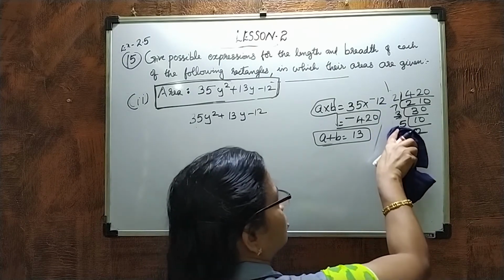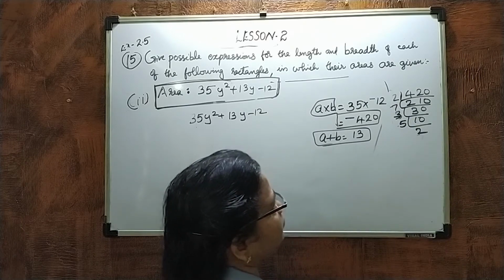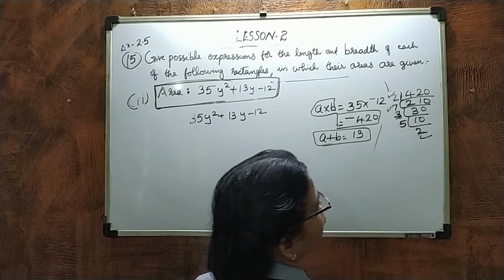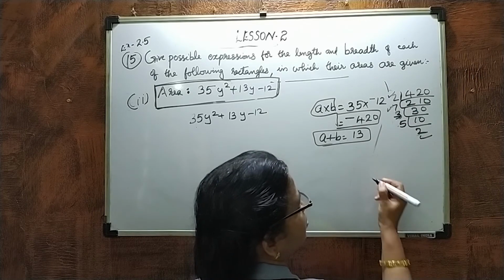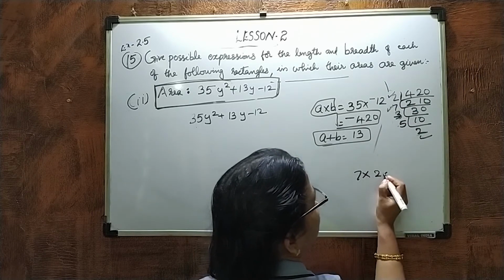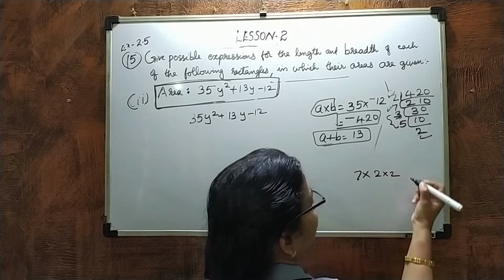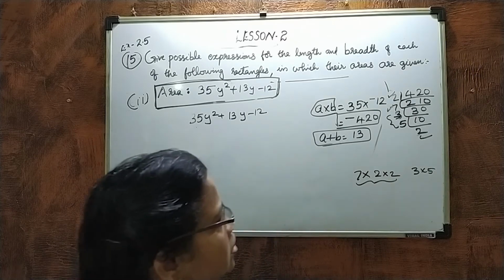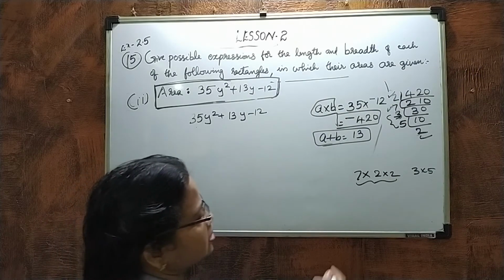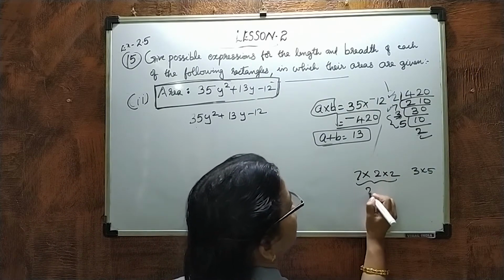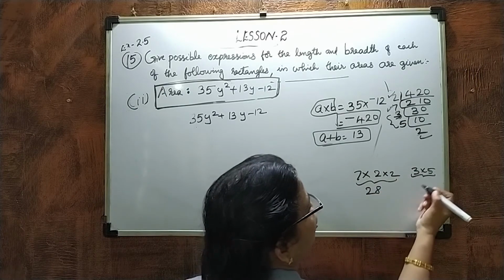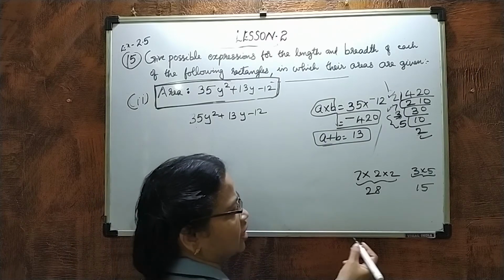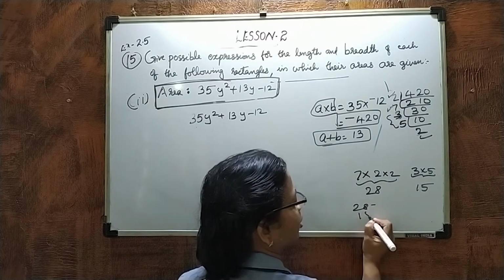Okay. So now we will take 7, 2, 2 and then 3 into 5. So 7 into 2 into 2 and then 3 into 5 together. 7 into 2 into 2, you will get 7 4s are 28, and 3 into 5 is 15. When you subtract, will you get the answer, 28 minus 15?